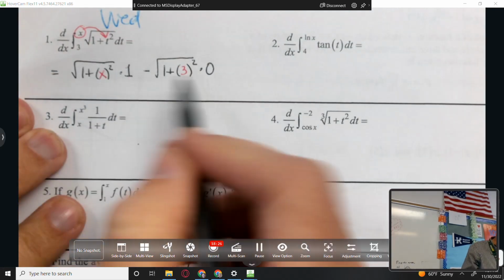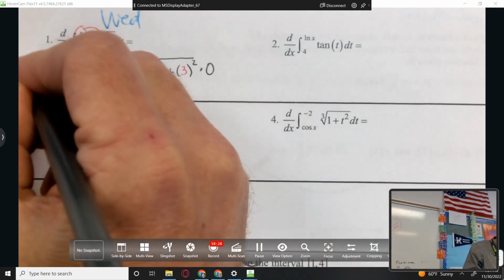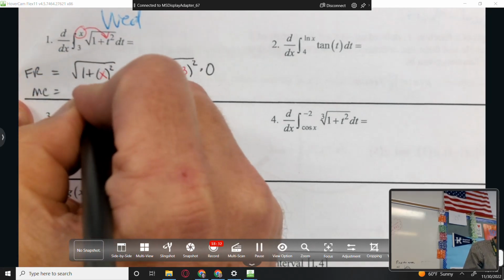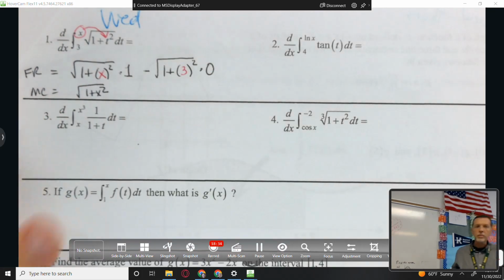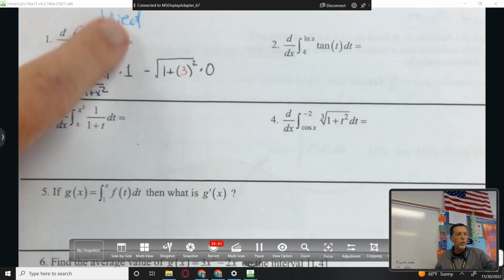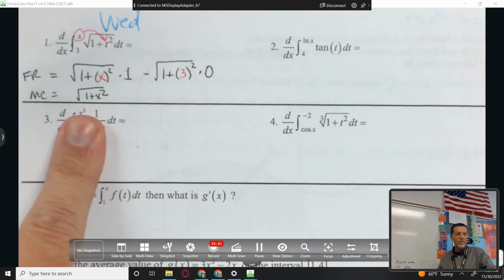So free response answer, that's a good safe stop. Multiple choice, they're probably going to clean that up a little bit and just do square root of 1 plus x squared. So slow and steady initially. Once you get the hang of it, then you start knowing the process and you may skip to that final answer.